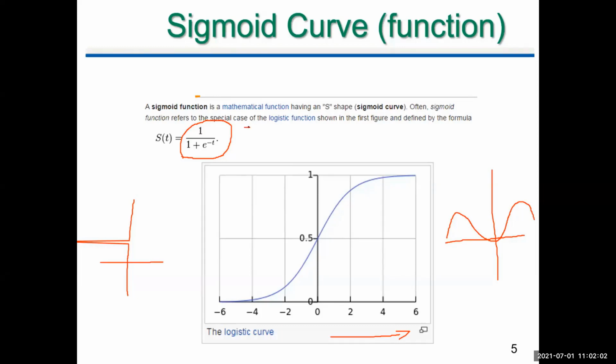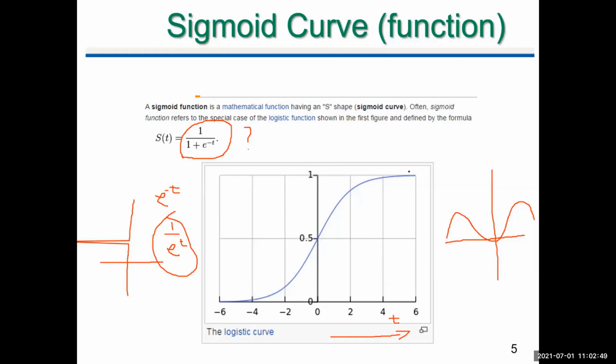Well, that's easy to see, because e to the negative t is 1 over e to the t. As t gets large, this gets very, very large, and so the whole thing goes to 0. So this part just goes to 0, and we get 1 over 1. So it does get closer to 1.